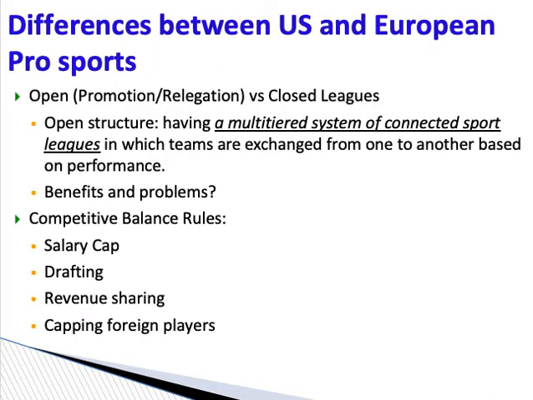Well, the main difference, as we talked about first, is open and closed, right? Open uses promotion and relegation structures. When you're using an open structure, it requires multiple different leagues connected with each other, a multi-tier system of connected sports leagues in which teams are exchanged from one to another based on their performance.